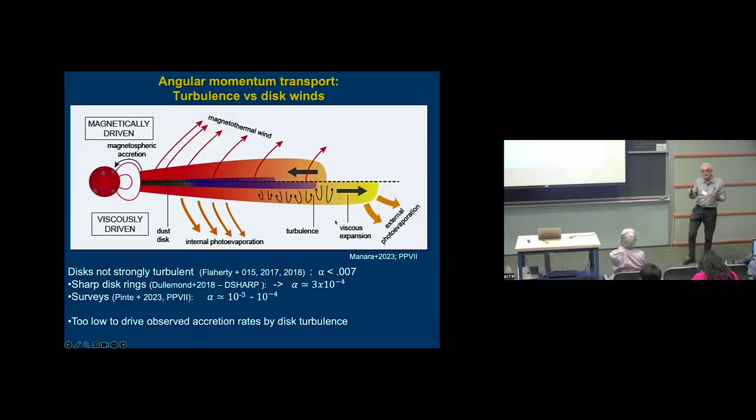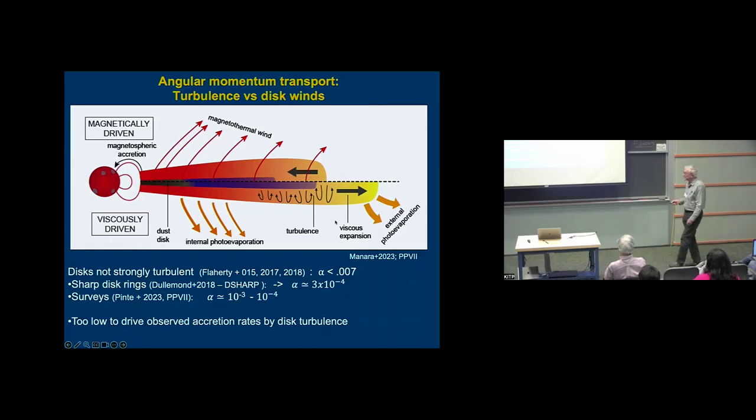Now I'm going to switch to disks. The physics of disks is largely controlled by angular momentum evolution. Whatever you propose as the mechanisms of shifting angular momentum around will play a fundamental role in almost everything you do: how planets migrate, how gaps are created, how quickly the disk evolves, turbulence levels, etc. So we've learned from observations that disks are not strongly turbulent out through 10, even 20 astronomical units in the early phases.